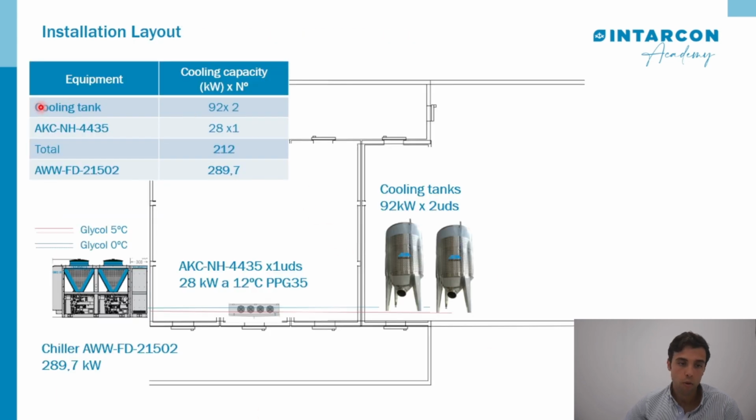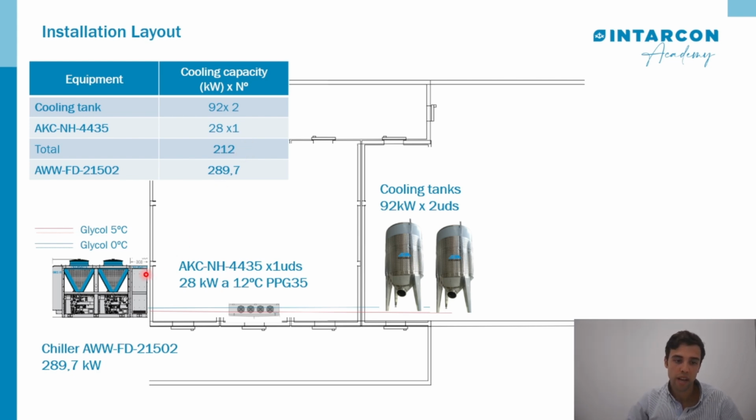Okay, we have 2 cooling tanks with a cooling capacity need of 92 kilowatts, and an air cooler of 28 kilowatts cooling capacity power. So we have a total cooling capacity need of 212 kilowatts. We have to ensure that we could adapt to each step of the process.